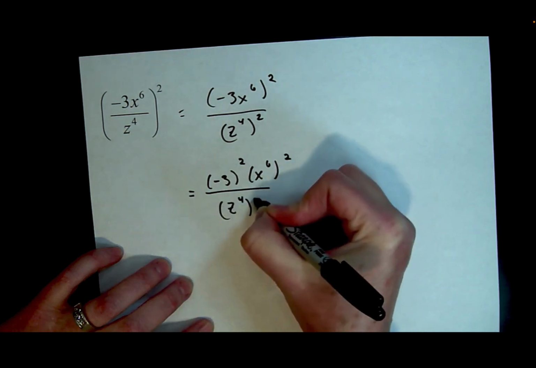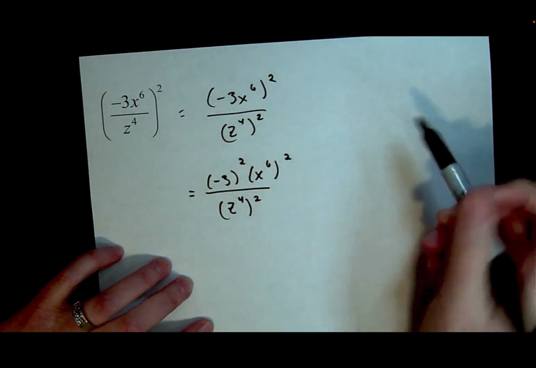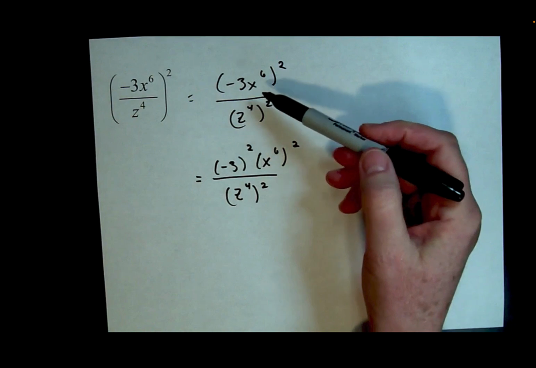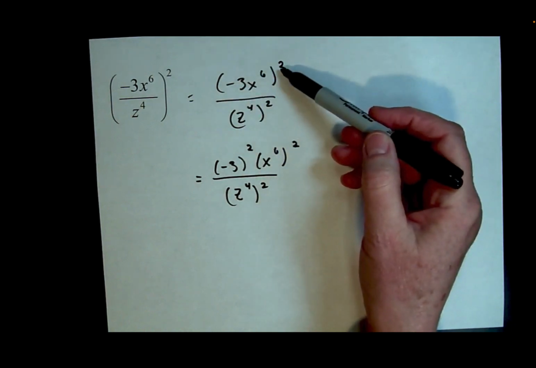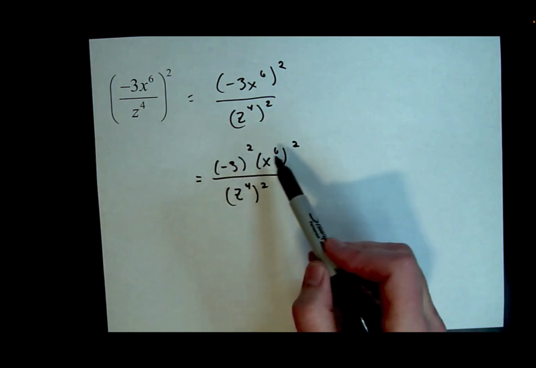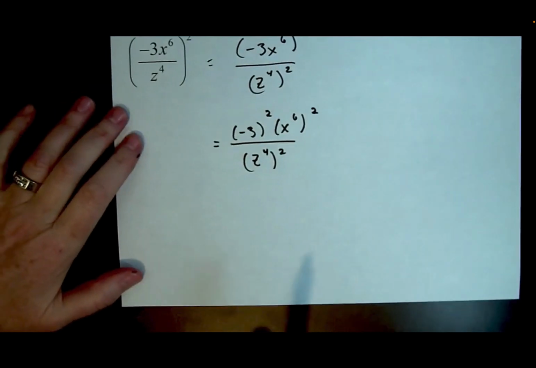And by the way, if you want to jump straight to this step, that's fine. If you have products in your numerator and or denominator, you don't need to write out numerator to the power and then each factor to the power. You can just start out having every factor in the numerator to the power and then every factor in the denominator to the power. That's fine.